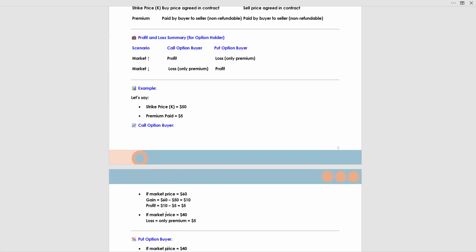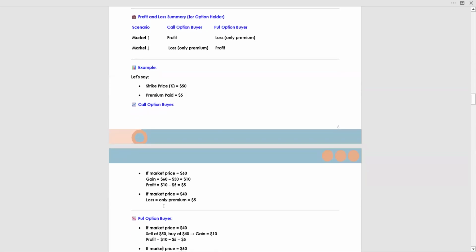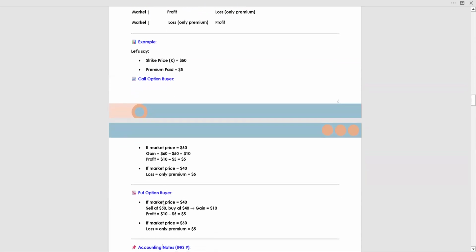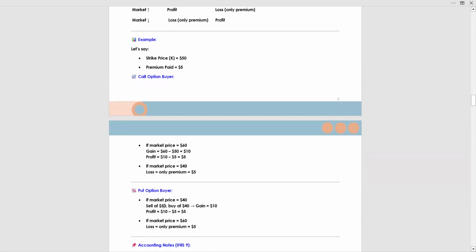So we have a gain of 10. Profit 10 minus 5, as we paid premium. So the net profit is 5. If market price is 40, loss, only premium equal to 5. I hope you are getting the things with these examples. This is an additional concept just for your clarity or for your understanding.